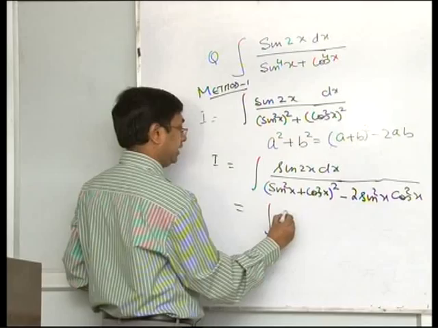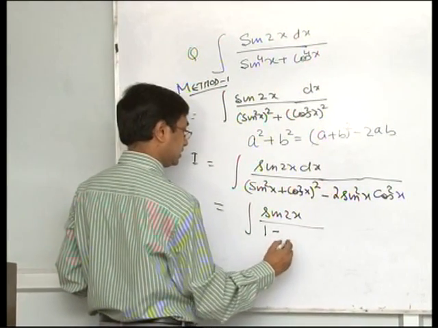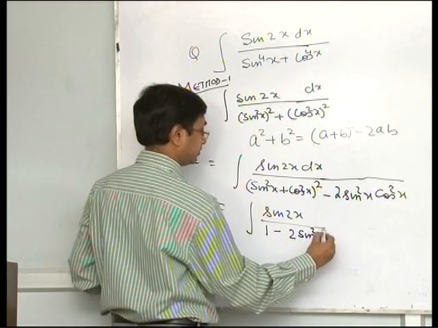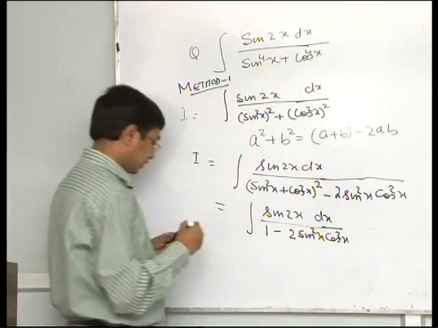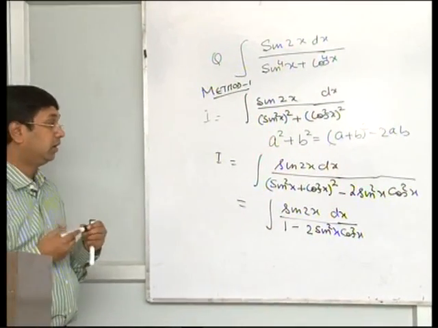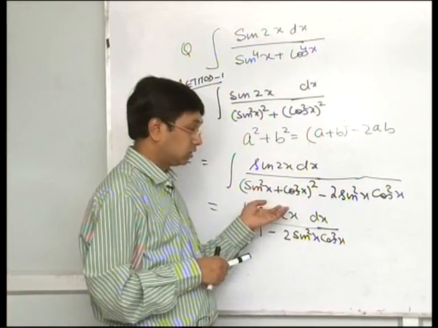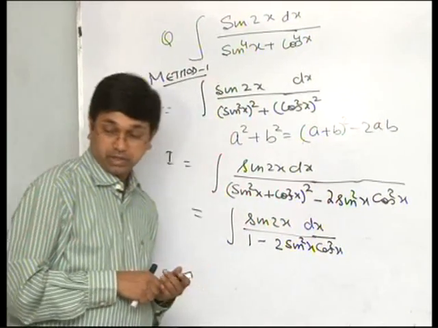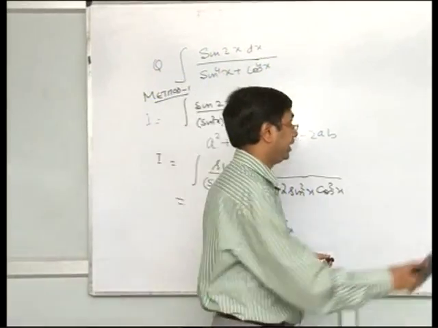Now sin 2x upon 1 minus 2 sin square x cos square x dx. Now after this, how do we go about it again? Alternatively if I put sin square x equal to t, so sin 2x dx is dt, and again t into 1 minus t. But again it would reduce to the same form, so nothing much different we are doing.